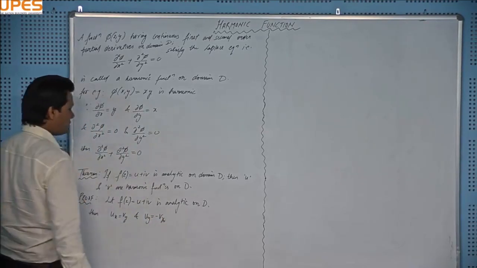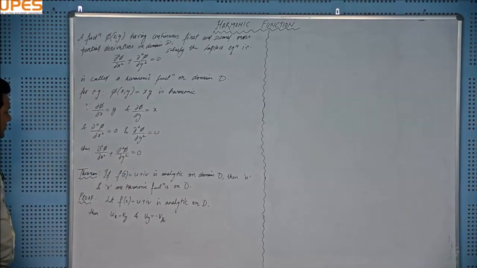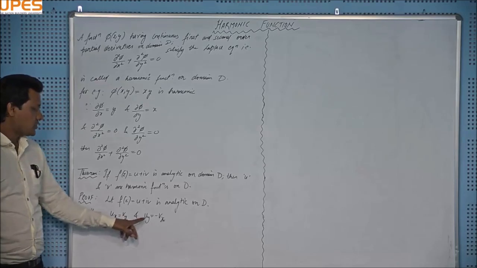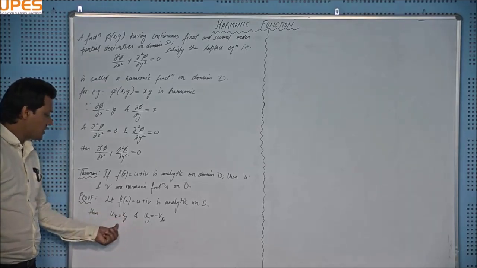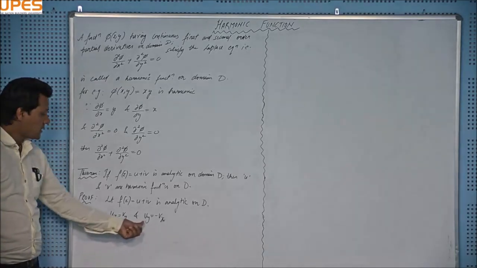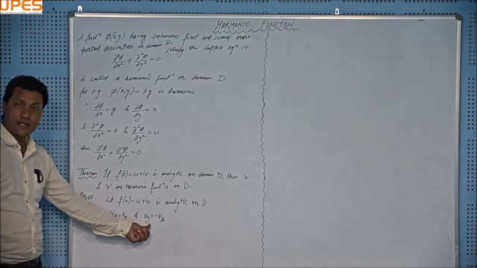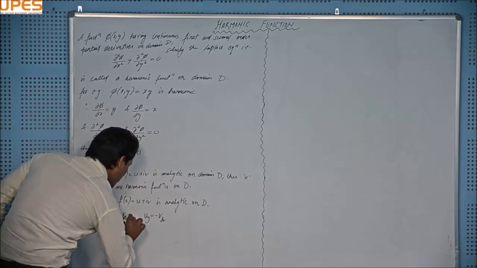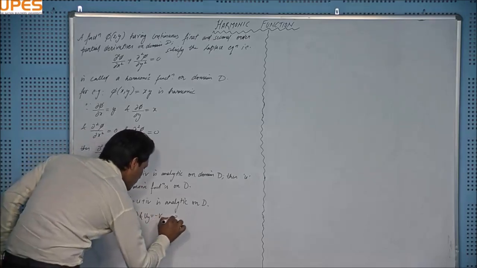Taking this first CR equation, we will differentiate it with respect to x, and the second with respect to y. Let me number them 1 and 2.